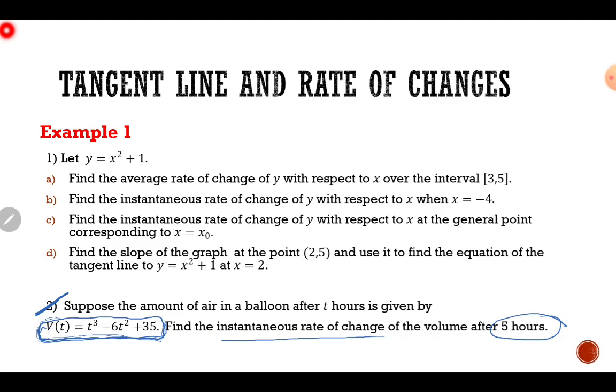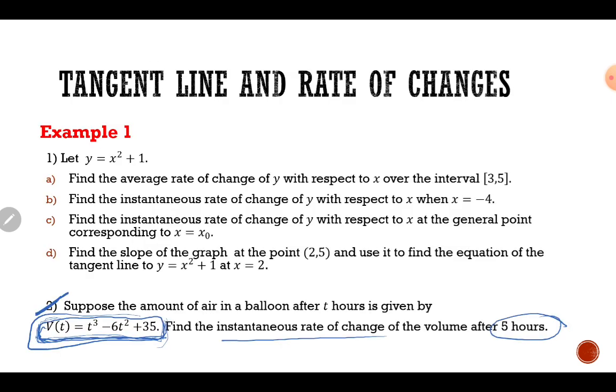So untuk mengetahui itu, maknanya kita kena tahu berapa banyak udara tu keluar per hour. So berapa banyak dia keluar per hour, maknanya instantaneous rate of change, perubahan udara berkadaran dengan masa.